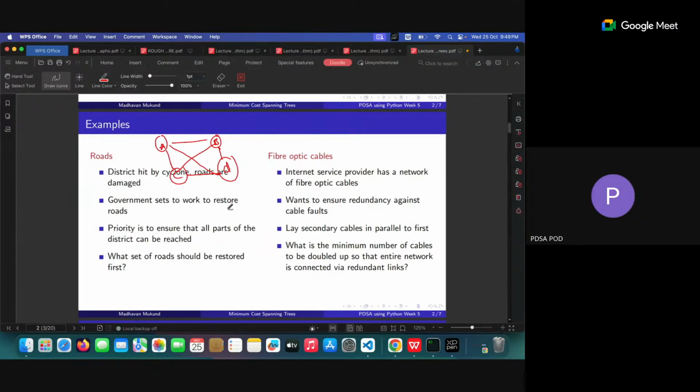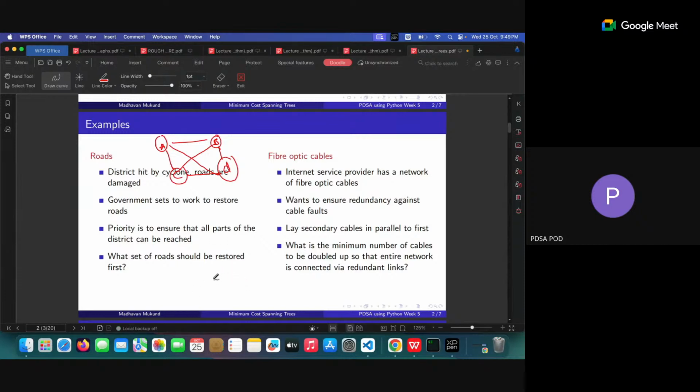What the government wants to do is first restore a road. Once a road has been restored, we can provide other facilities, maybe food and daily needs, whatever they want. To make this minimum road, they try to connect it.